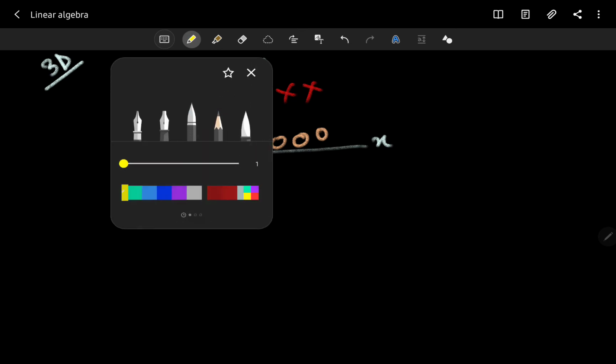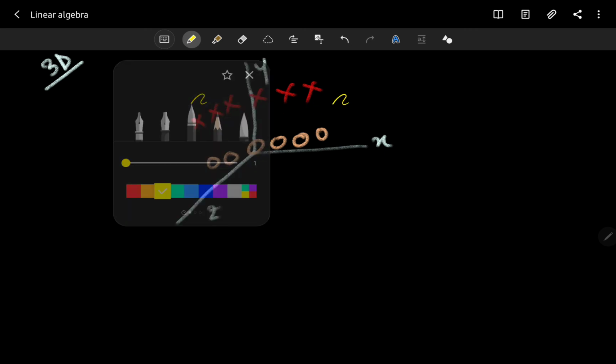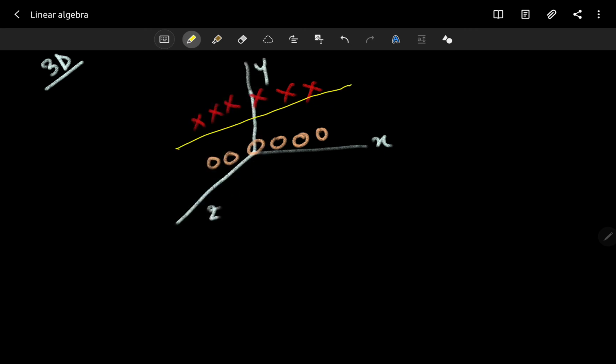Very simple. Instead of drawing a line, as it is a 3D space, we will draw a plane, right? So what is a plane? When you go from 2 dimensions to larger than 2 dimensions, instead of a straight line we draw a plane.